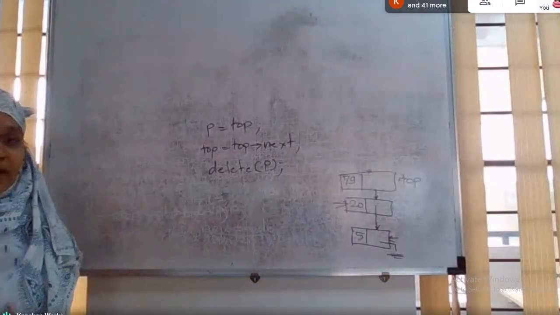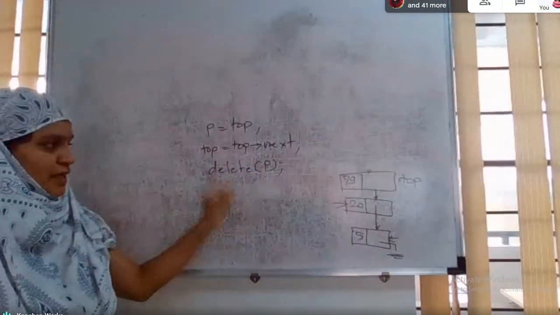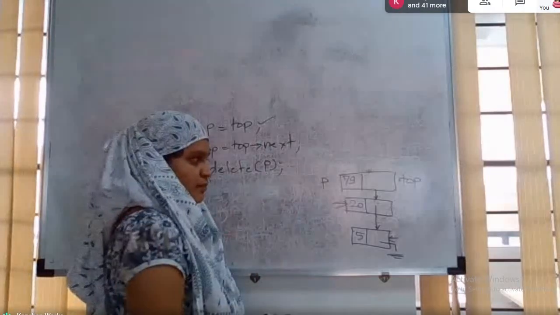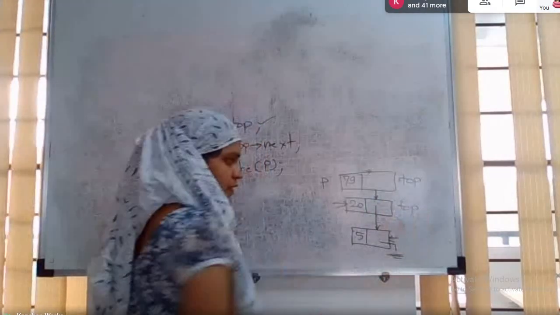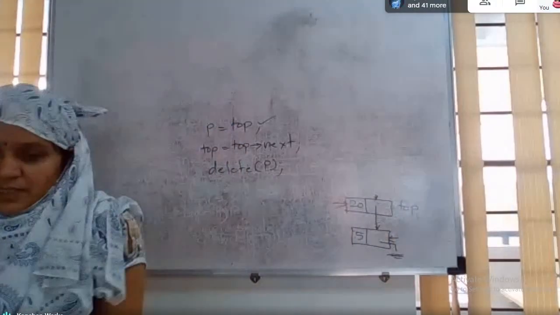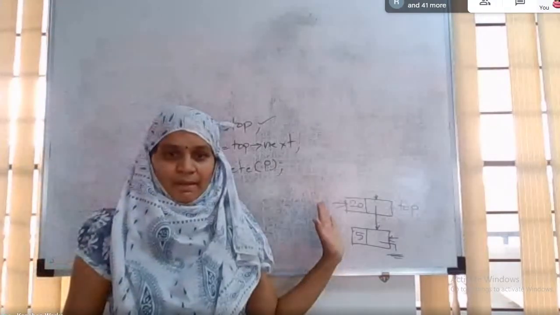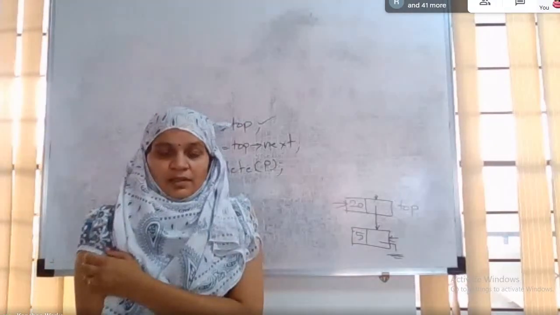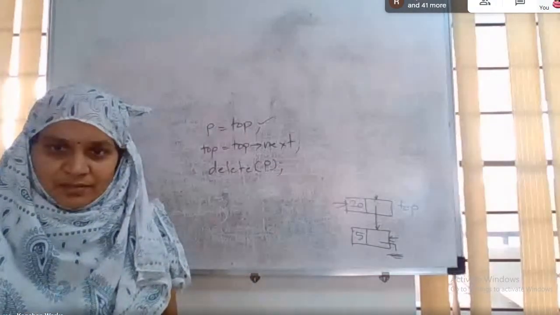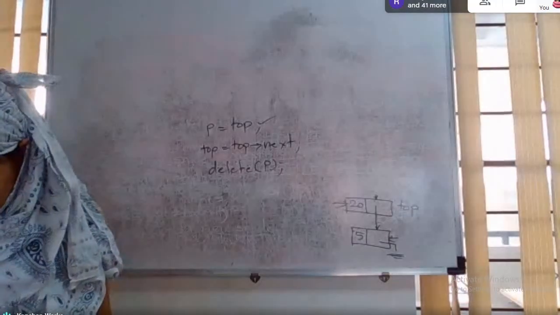And if you want to delete the next node, again P equals to top, top equals to top of next, delete P. Means point P here using this instruction, move top to the next node and delete P. So this will get deleted. Yes. Means this is actually a LIFO type of structure. Last in, first out type of structure. Got deletion of the element from stack.